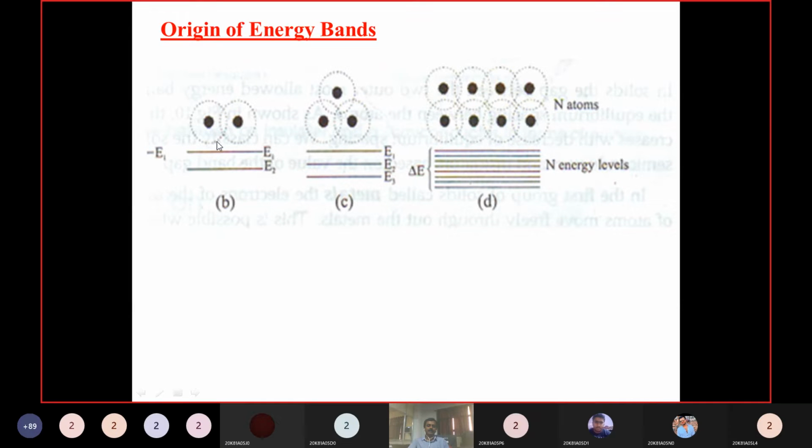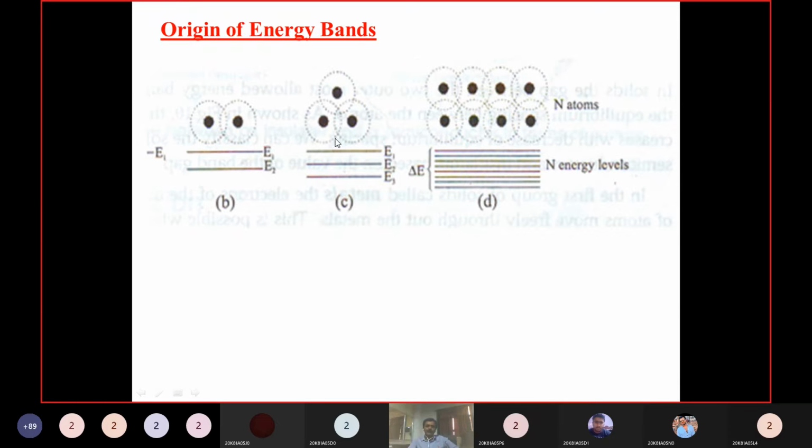Suppose this atom has energy E1 and this atom has energy E2, so those energy levels will be E1 and E2.